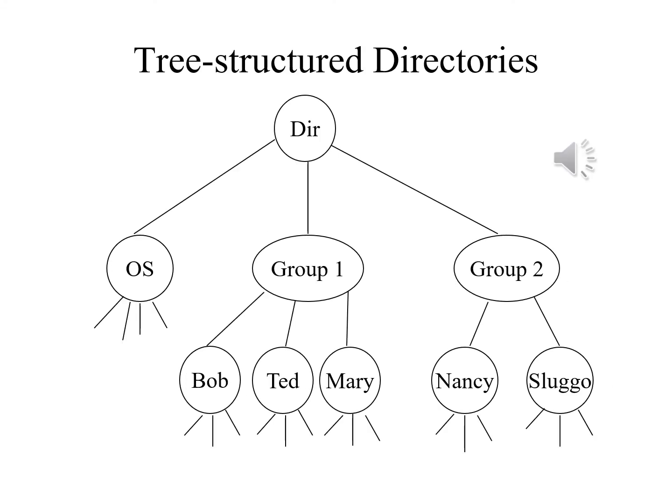The most obvious choice, once we start thinking about multi-level directories, is the use of tree structures. Here we can have separate directories for users, for groups, or for whatever we wish. We can even allow users to organize their files in any sort of directory hierarchy that they wish. We can also separate the files that belong to the operating system.